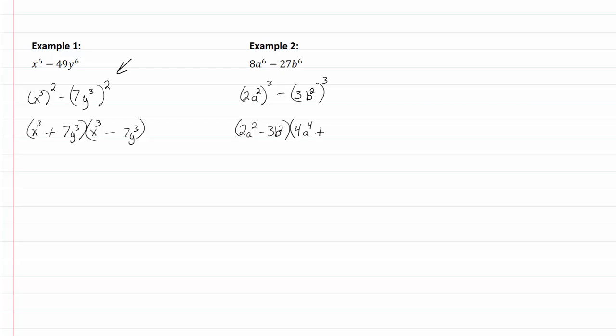We do our opposite sign. We take the first term times the second term. We're going to get 6a squared b squared. It's going to be always positive for our last one. Square 3, we get 9. We square the b squared, and we're going to get b to the 4th. And I'm done.